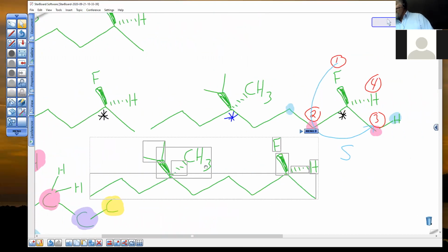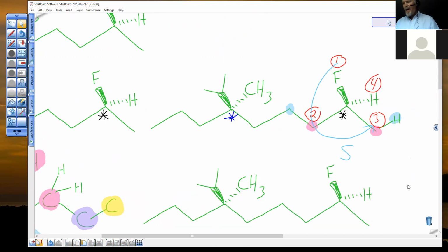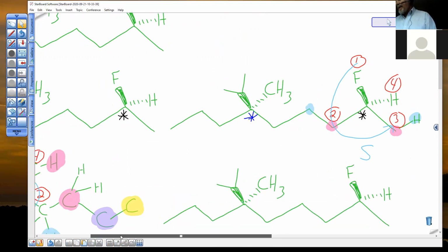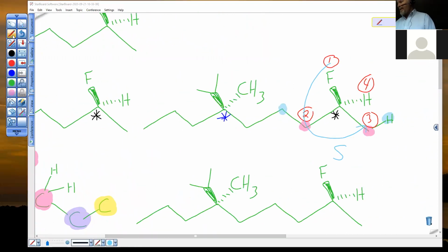We had an S for our new stereocenter on the right, and we had an R for the other stereocenter. S here, R here.